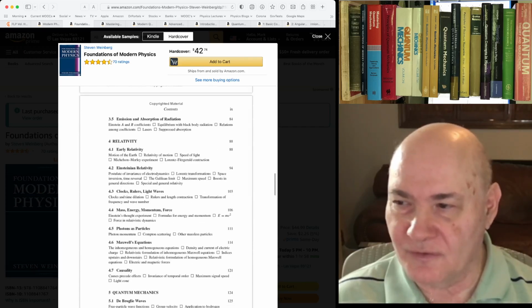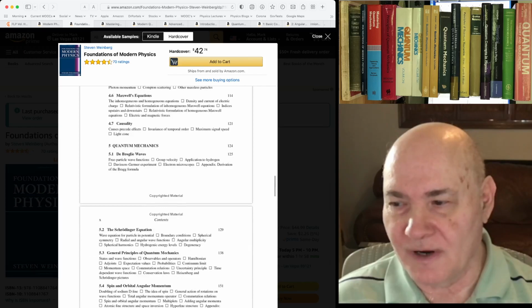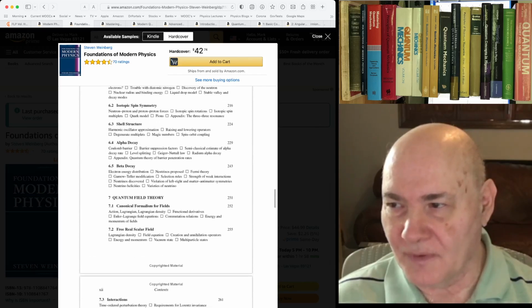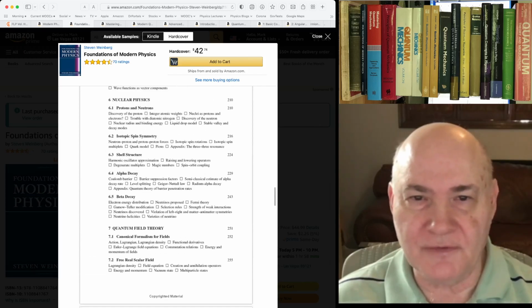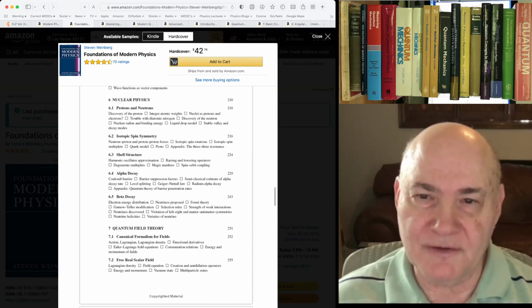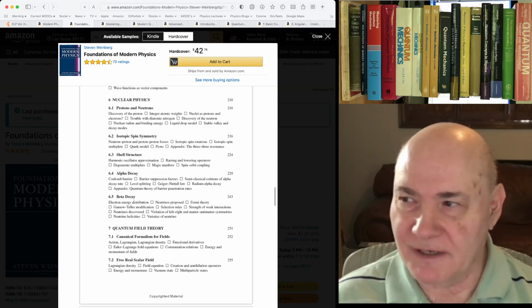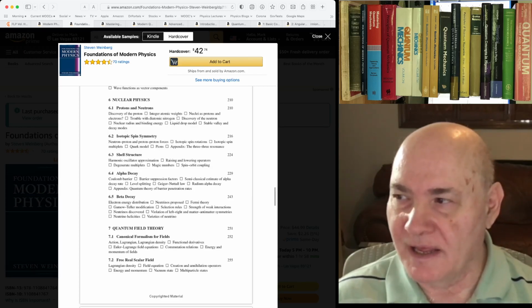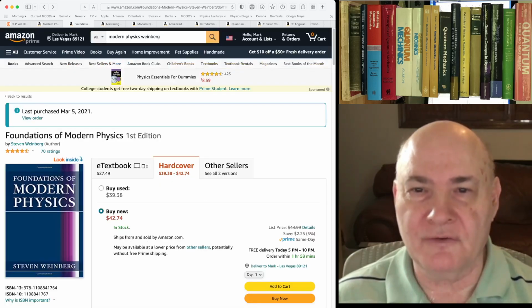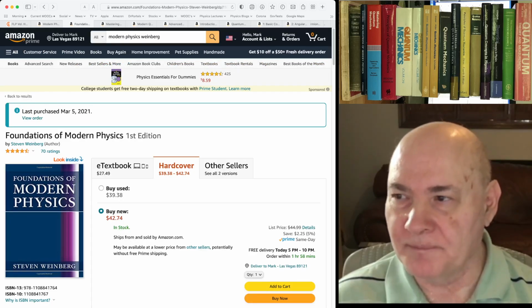But when it gets into relativity and quantum mechanics and nuclear physics and quantum field theory, you really would have a hard time understanding this unless you've already had a quantum mechanics course. So I actually recommend reading this book after you've taken a quantum mechanics course, not before.